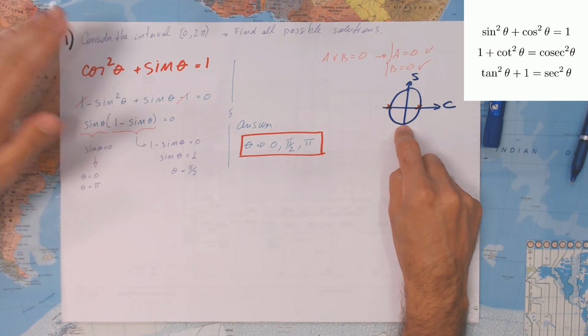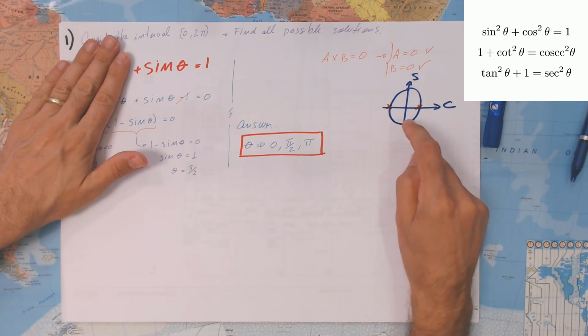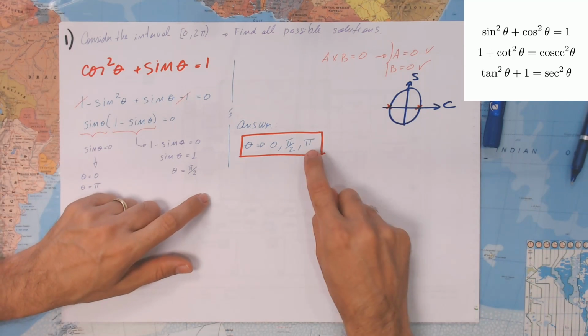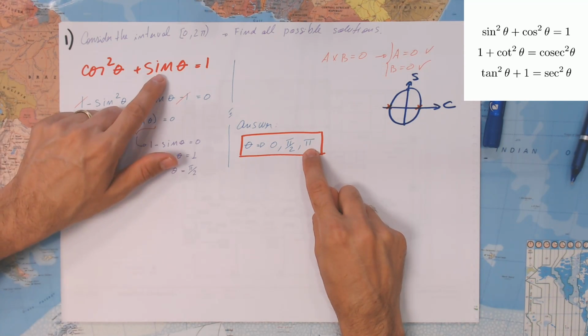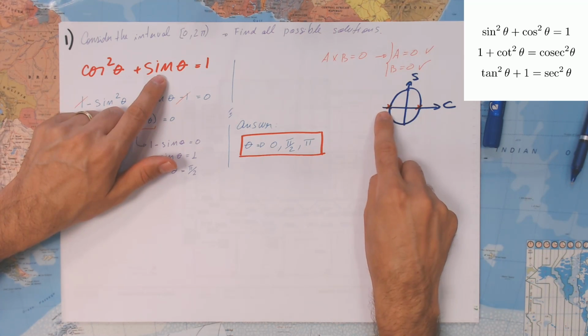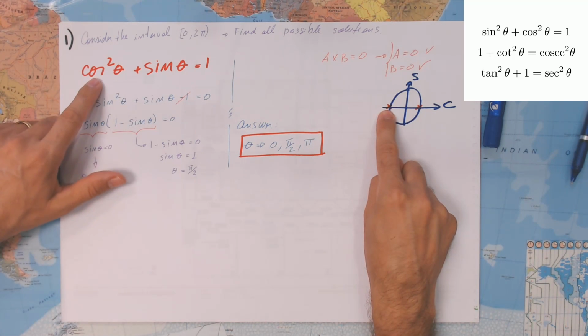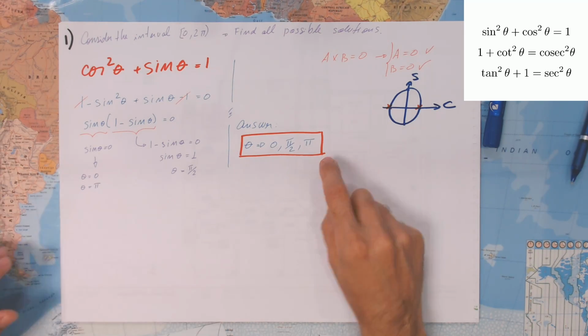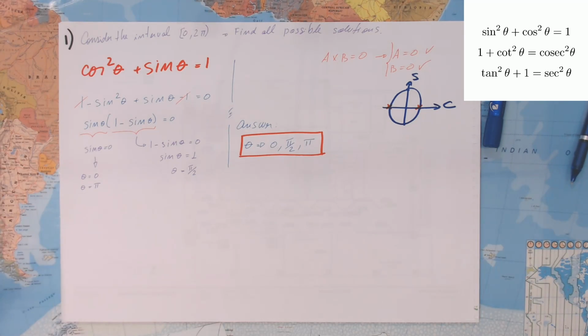Cosine squared doesn't matter, this is still 0. Sine of pi over 2 is 1. Good, check. Let's check pi. Sine of pi is 0. Cosine squared: first, cosine of pi is -1. Squared, it is +1. Okay, so the three values are true. Okay, this is the first question.